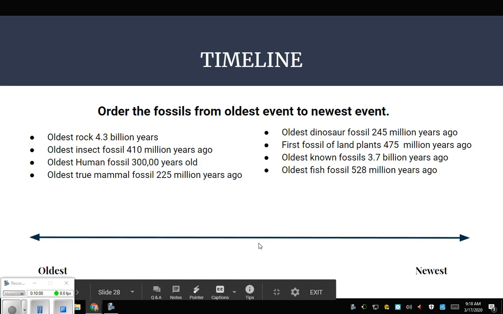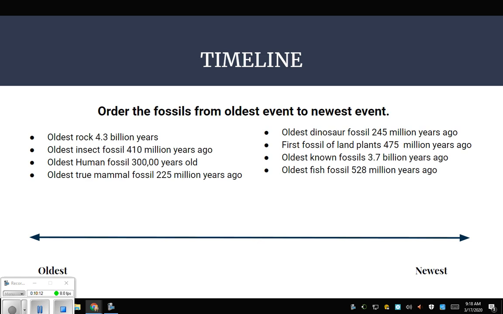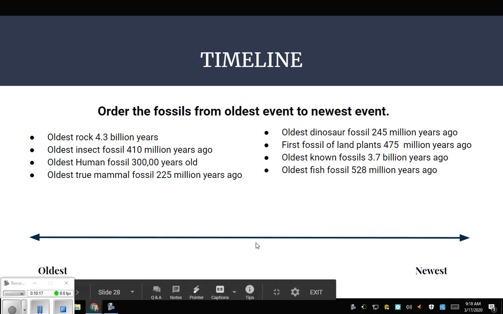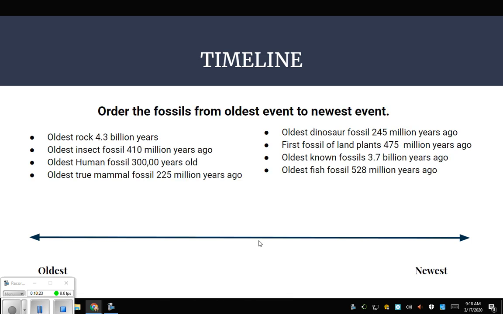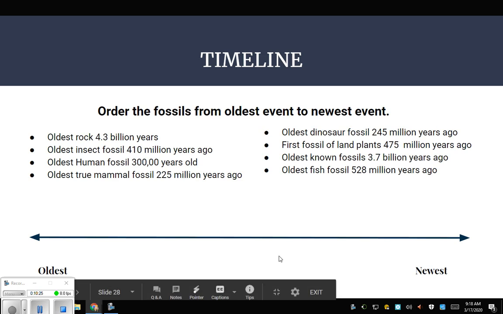So the last thing you're going to do today is on your timelines, on your worksheets. We're going to order the fossils from oldest event to newest event. So let's go ahead and do that together. Right here at the bottom, you see oldest to newest.